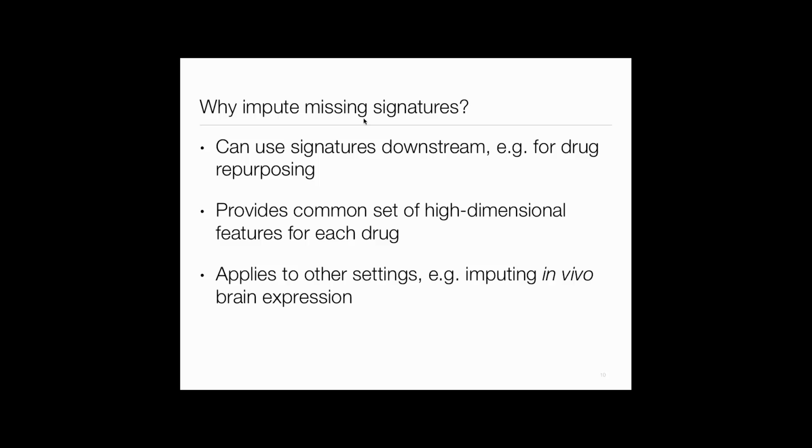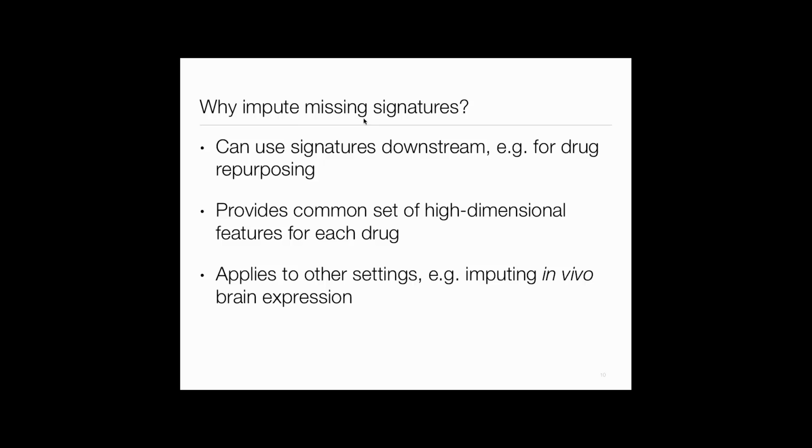So in other words, if I were to fill in the space of all drug cell combinations, then for each drug I would have the same set of features, being an expression signature for each of the different cell types. And so that would enable easier machine learning, building on top of that to make predictions about those drugs.